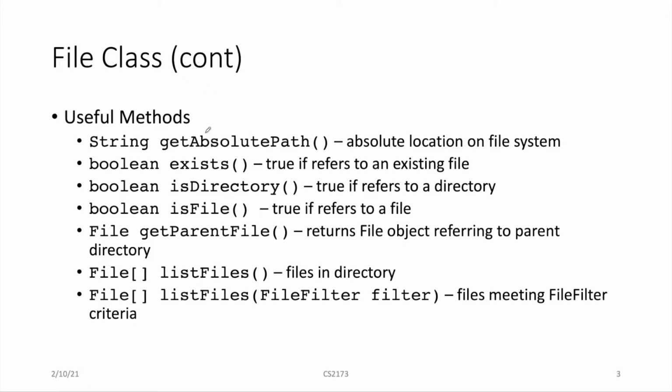And sometimes, especially in debugging, I've gotten a reference to a file with a relative path, but I want to be sure that I'm pointing to the right one, and this string, which gives me the absolute path, will tell me exactly where it is on the file system. Okay, this Boolean, exists.